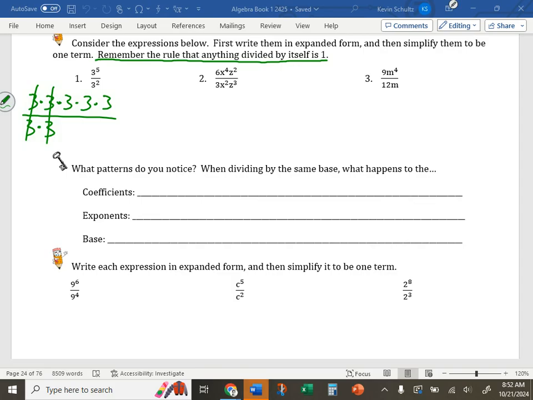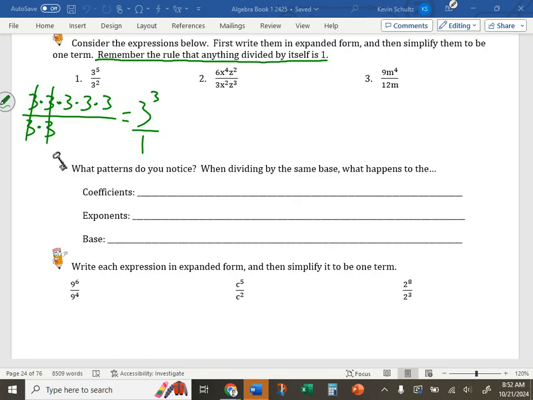Numerator or denominator? Numerator. And so our answer to this is going to be 3 to the 3rd power. Our denominator is gone. If you want to write it over 1, then you can, but you don't have to, because if something's over 1, we don't have to write that over 1 part.